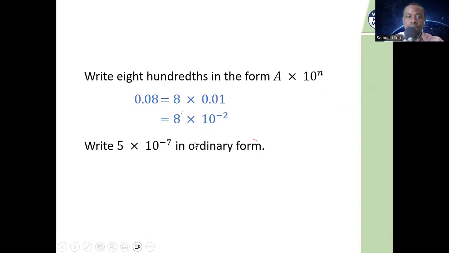To write this as an ordinary number, it is important for you to know that 5 times 10 to the power negative 7, if you recall from our previous lesson, 10 to the power negative, the negative power means you're dividing by 10 that number of times. So 10 to the power negative 7 means 5 divided by 10 up to 7 times.